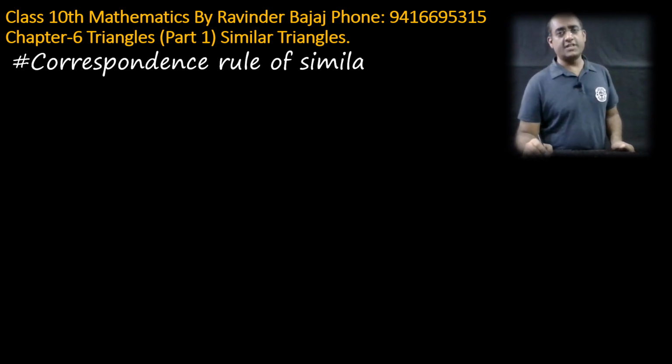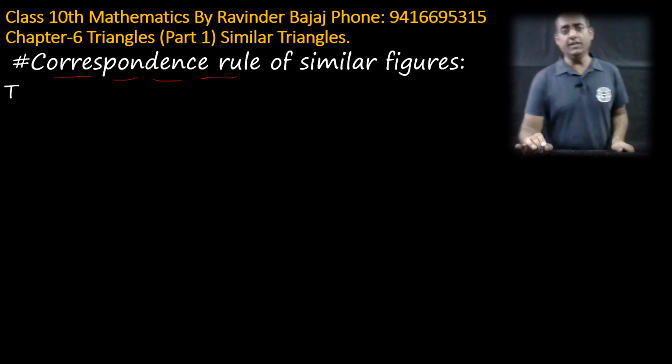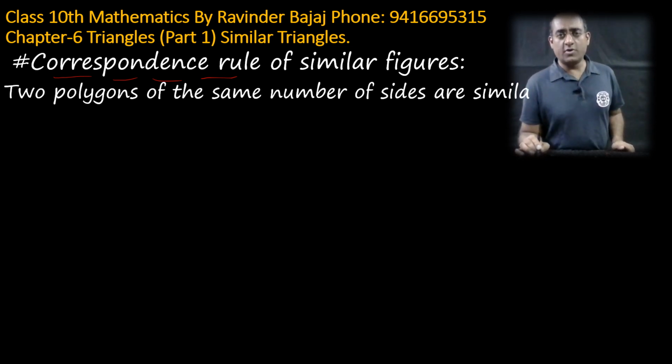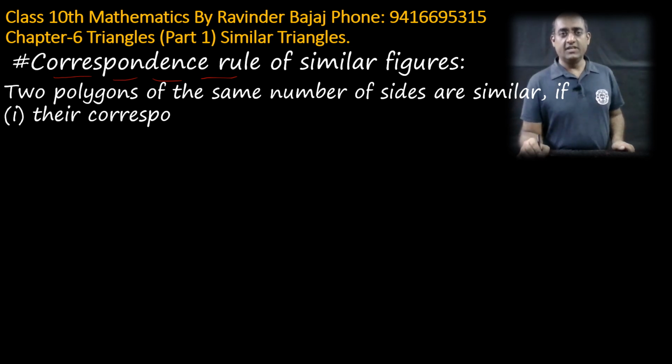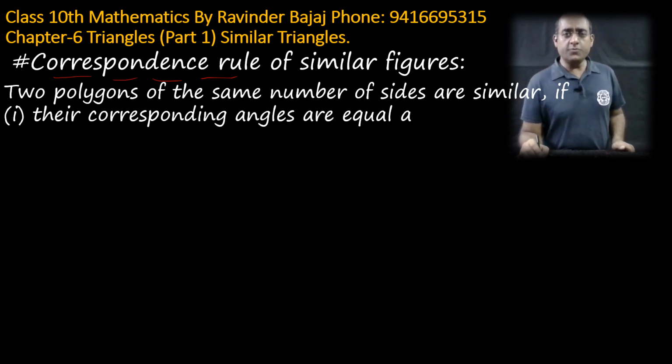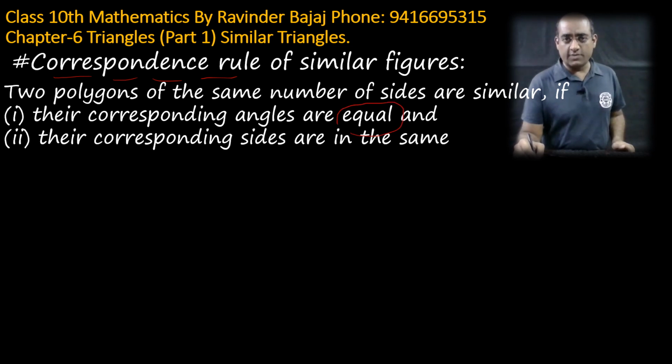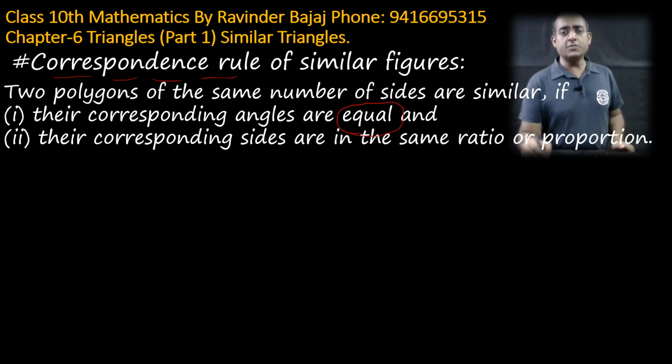Now, correspondence rule. While checking congruency or similarity, it is very important to understand the rule of correspondence. What is the meaning of correspondence? See very carefully. Two polygons of the same number of sides are similar if their corresponding angles are equal, and their corresponding sides are in the same ratio.